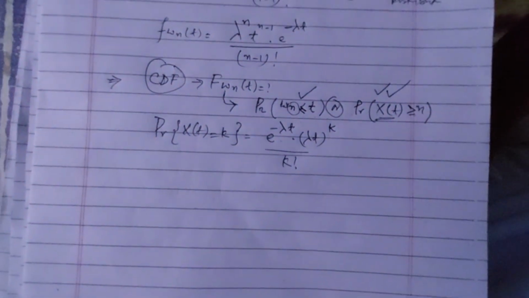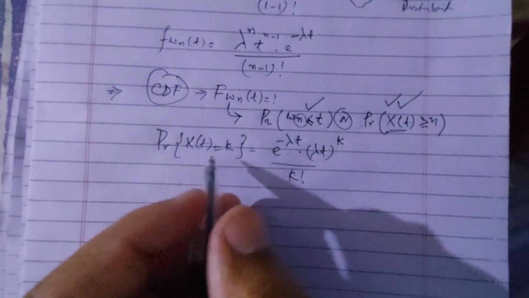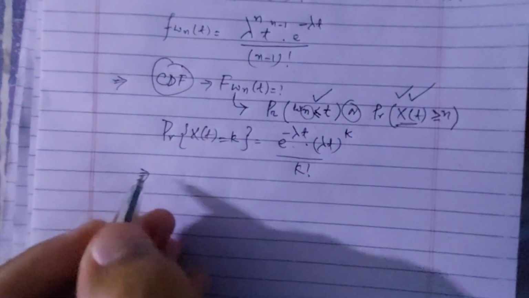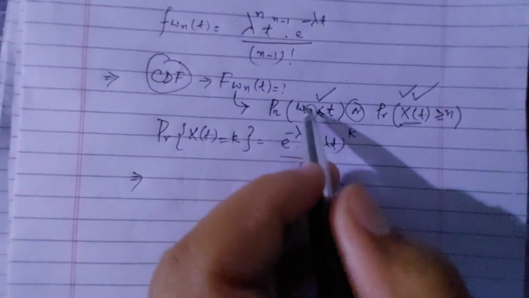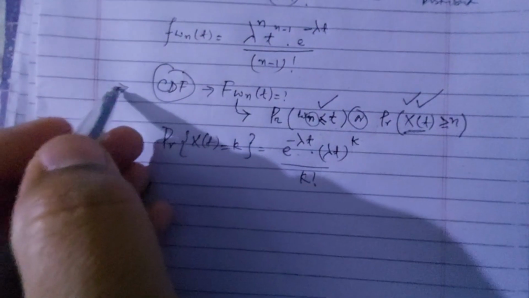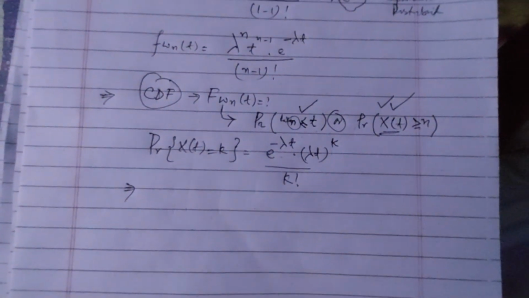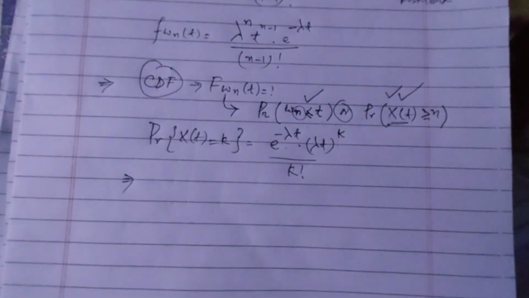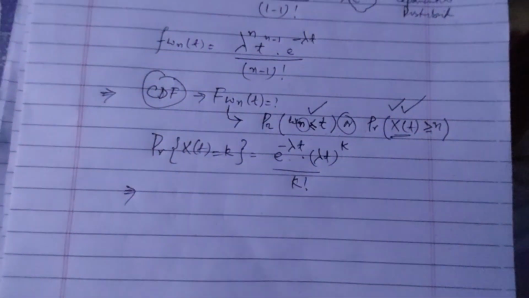It follows the Poisson distribution. So as there are n events, the summation of these events follows this gamma distribution.